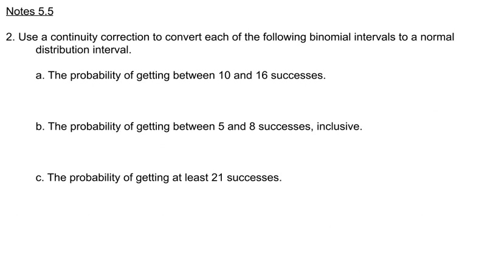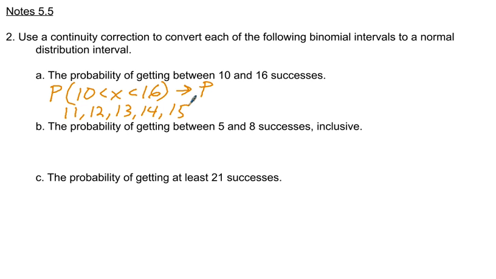We want to use a continuity correction to convert each of these binomial intervals to a normal distribution interval. In part A, we're looking at the probability of getting between 10 and 16 successes. So we want between 10 and 16. Now we have to do a continuity correction on this. First I'm just going to list out the values we're interested in. This would be 11, 12, 13, 14, and 15.